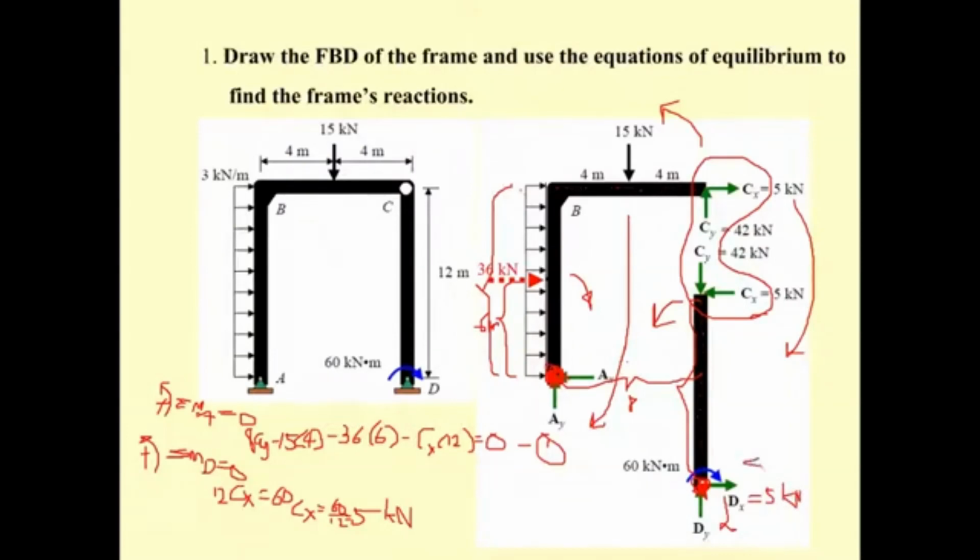Summation of f sub x equal to 0, and the summation of f sub y equal to 0. And then you have d sub y equal to 42 kilonewton, like this. You have this 5 and you have this 42.